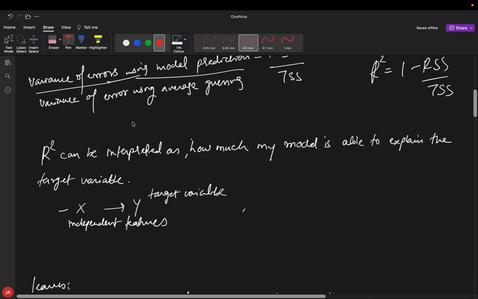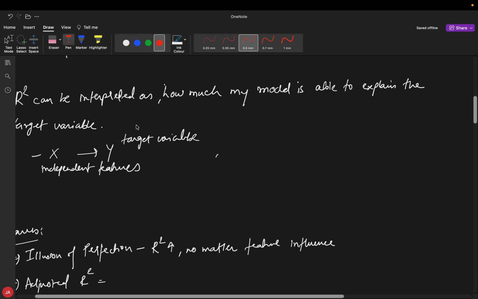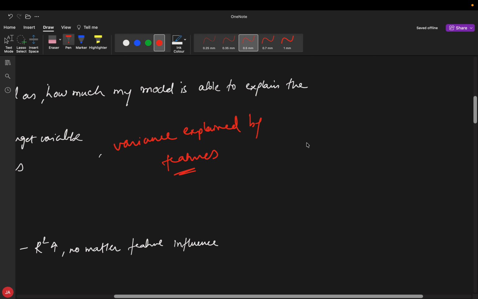And r square can be interpreted as how much my model is able to explain the target variable. So combining all the independent features, how much variance is explained by the features. If the variance explained by the features is high, the r square would be 1.